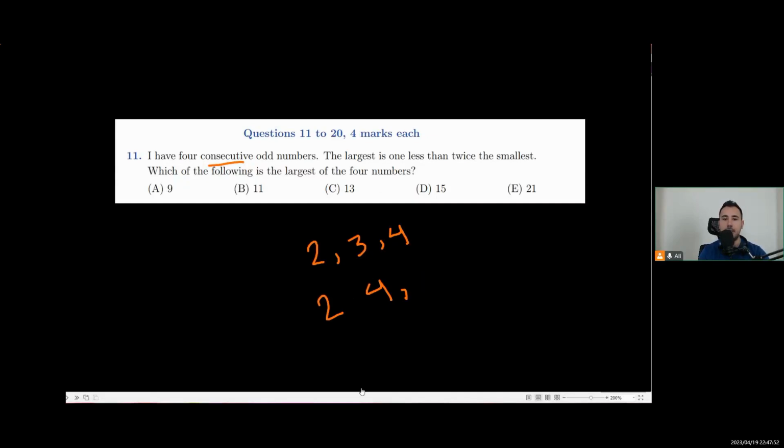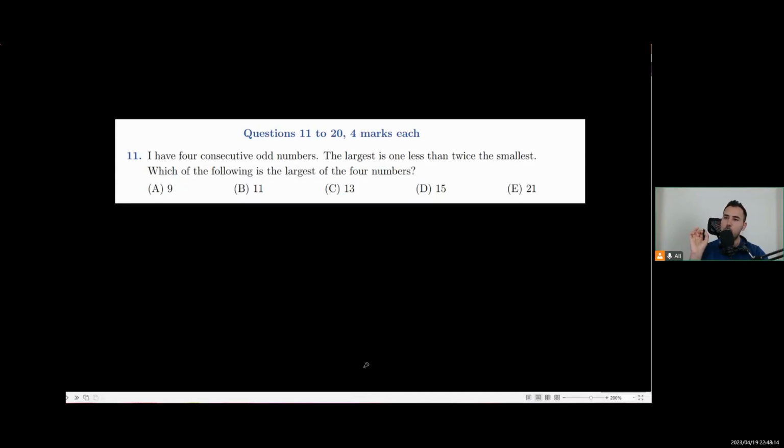And here, all of them have to be odd numbers. For example, 3, 5, 7, 9 are consecutive odd numbers. The largest is 1 less than twice the smallest. Which of the following is the largest of the 4 numbers?